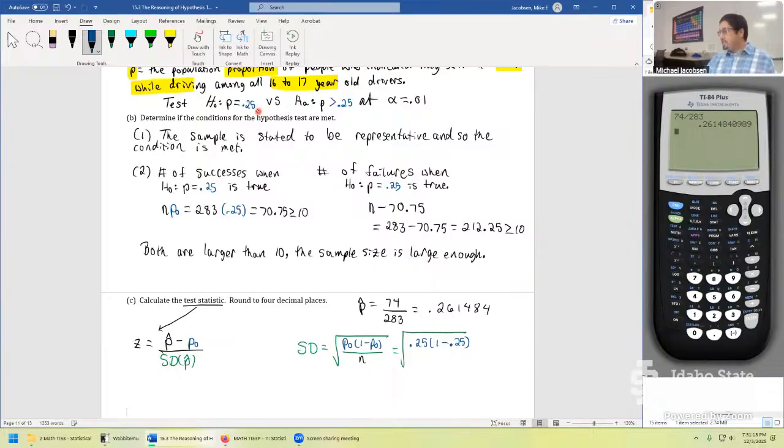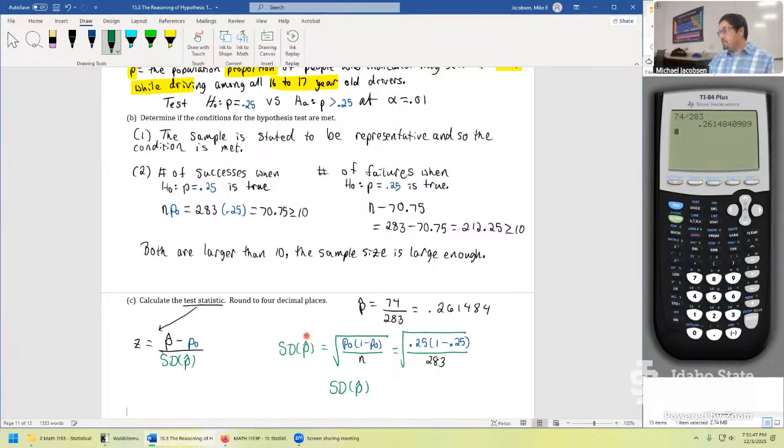I guess you could have put 0.75 there directly, but just to show how the formula flows, that's what it would look like. N is the 283. Calling it SD is just fine, but let me keep some parallelism on the symbols. It's standard deviation of p hat. It's not saying multiply by p hat, it's just one whole symbol to describe the standard deviation.